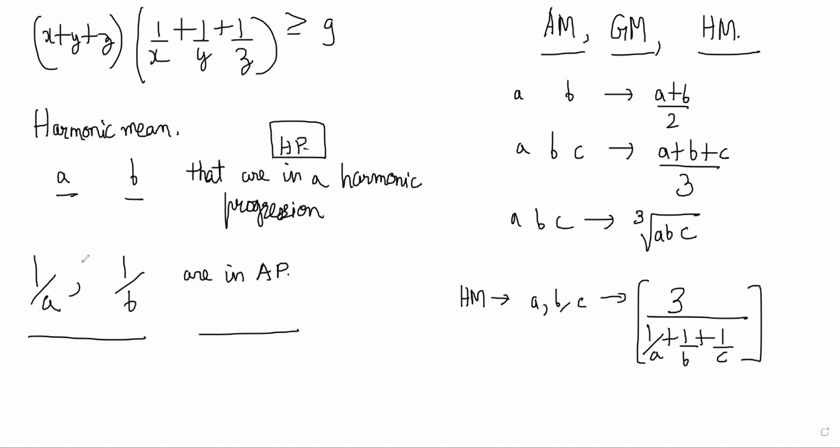So if I have to find the arithmetic mean of 1 by A and 1 by B, right? If there are two numbers in AP, I can find a number in the middle, which is the arithmetic mean of those two numbers. It will be 1 by A plus 1 by B by 2, right?